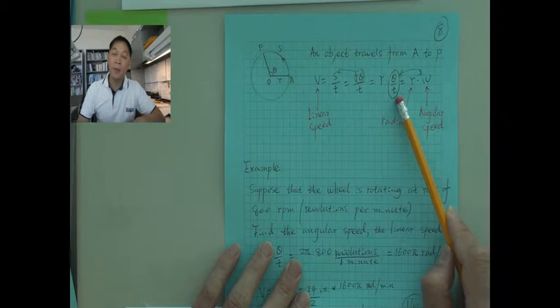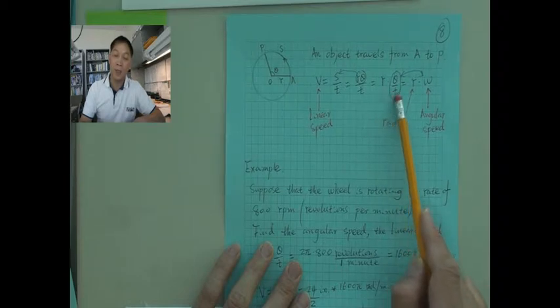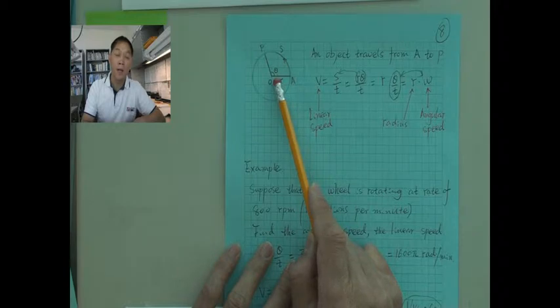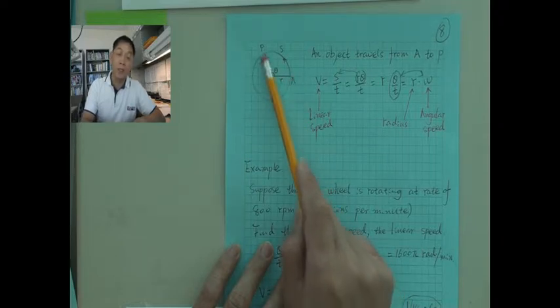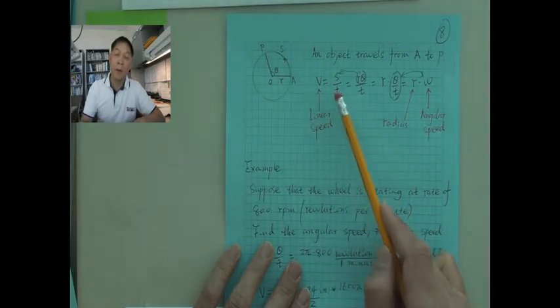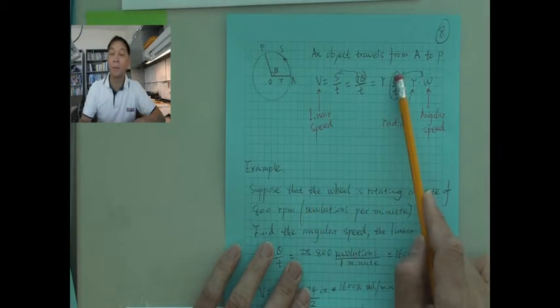Theta divided by T: it takes this amount of time T for the central angle to extend from OA to OP.